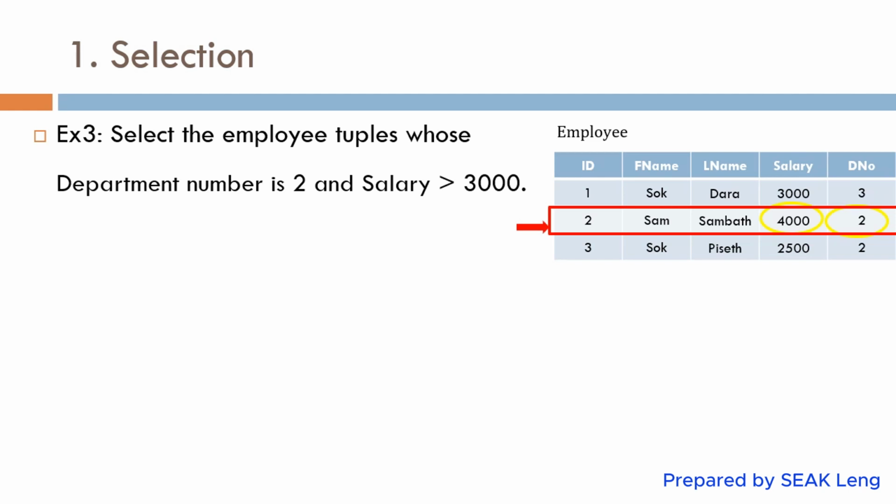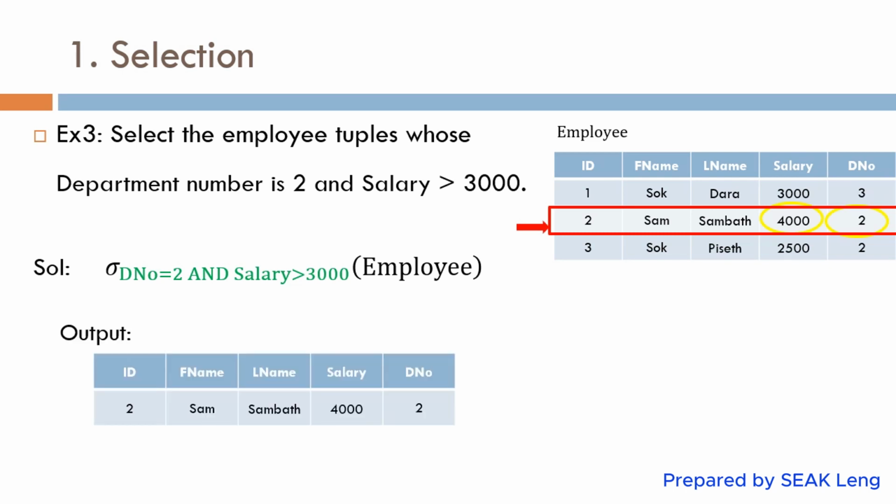How do we express this using the selection operator? We can write the sigma followed by the subscript D num equal to 2 and salary greater than 3,000, and then followed by the name of the relation, employee, as an input. What will be the resulting relation from this expression?